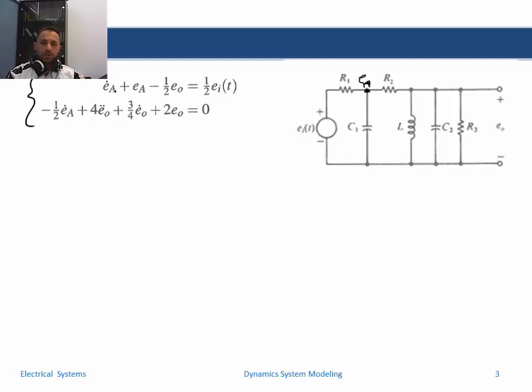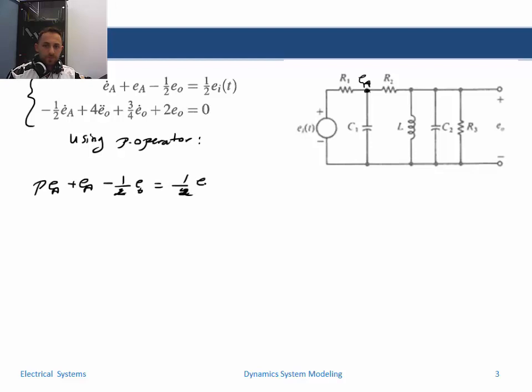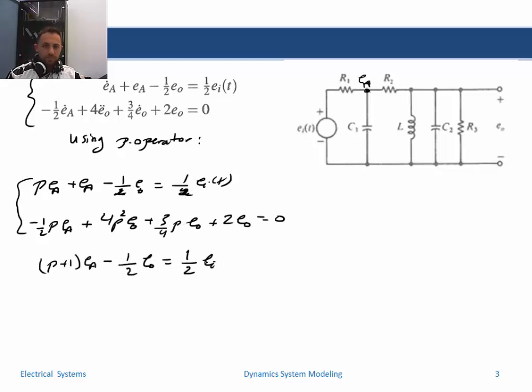So what shall we do? We could use the P operator. To eliminate EA, we could multiply by minus half P. We could keep it plus, because we have negative, and then we multiply the second one by P plus 1.